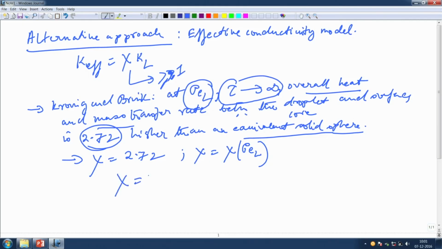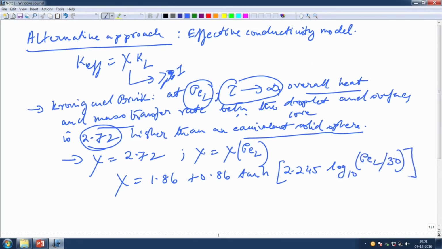So, the overall formulation that they gave was about 1.86 plus 0.86 tanh of (2.245 log base 10 Peclet number divided by 30). This is once again nothing but a sophisticated curve fit, so you should not be under any misconception.